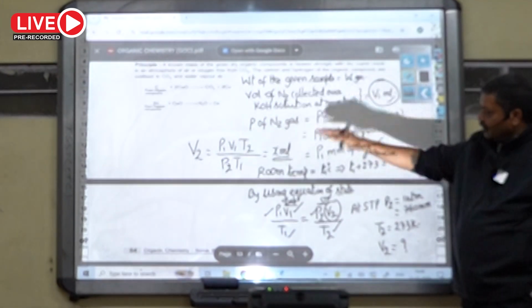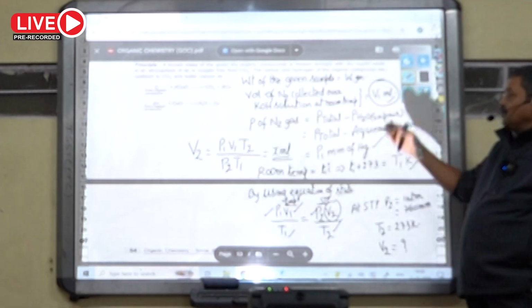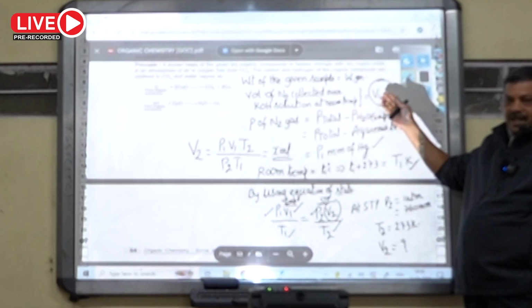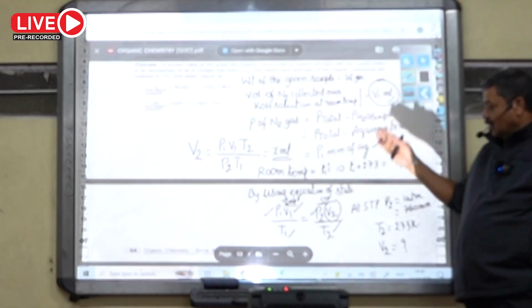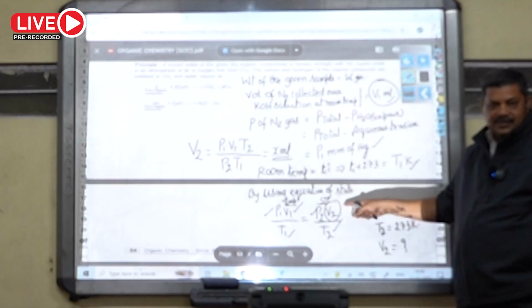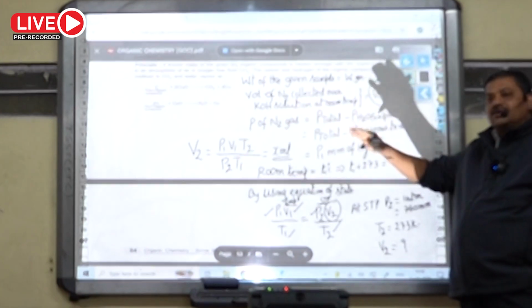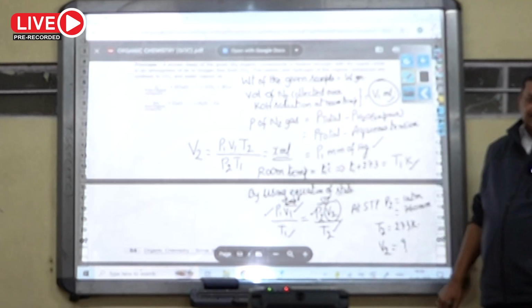This volume is converted into STP conditions. What is the volume of N2 collected at laboratory or room temperature? V1 ml. What is V2 volume at STP condition? So we converted V1 into STP conditions. How much we got? X ml.